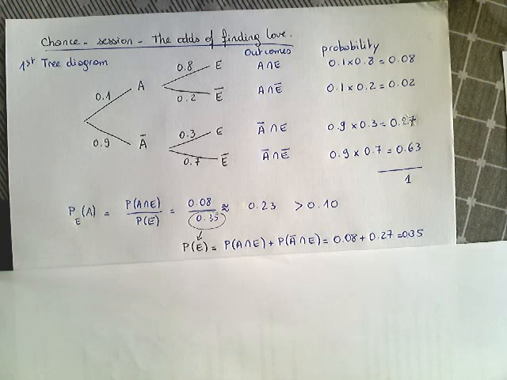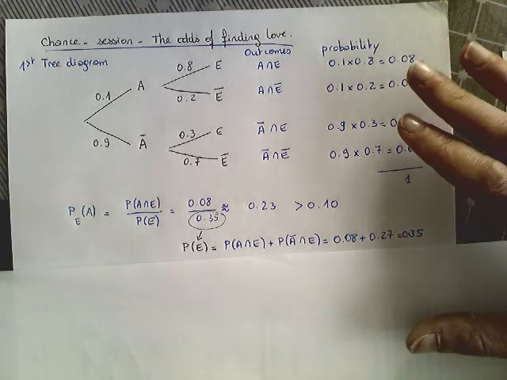So you have a 23% chance that she is attracted to him, given the fact that their conversation is going well. It's really greater than our prior probability. You double it.